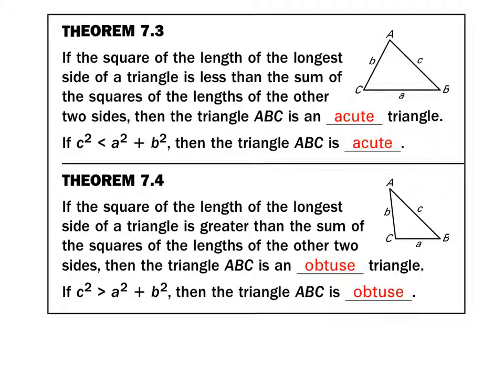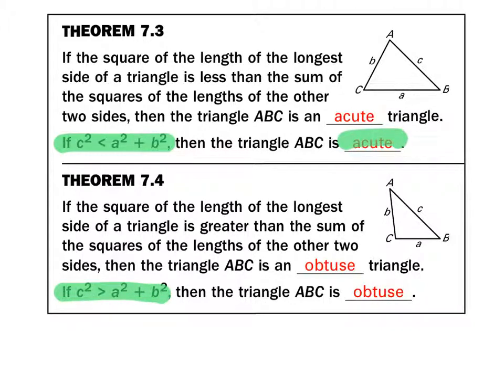Here is a theorem related to the Pythagorean theorem that can help us determine what type of triangle it is. It states that if the squared length of the longest side of a triangle is less than the sum of the squares of the other two shorter sides, then the triangle is acute.